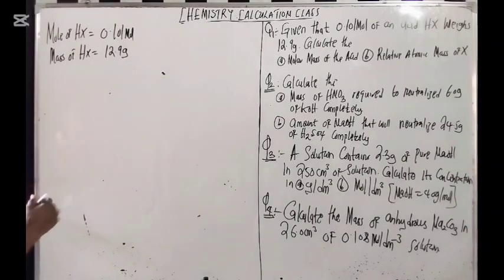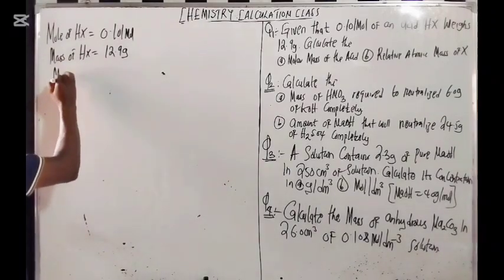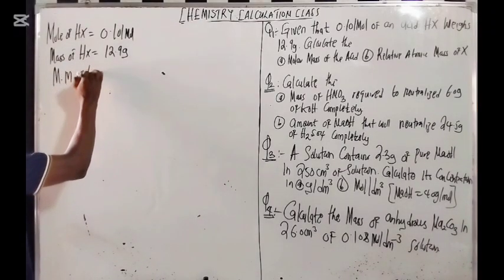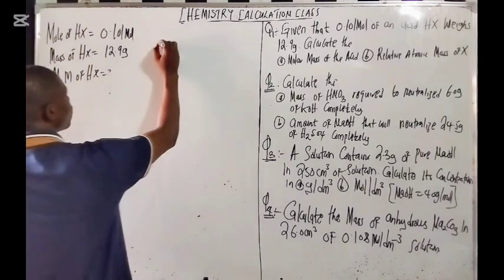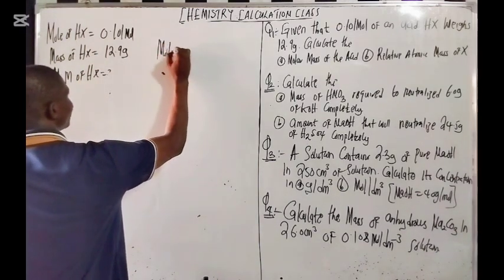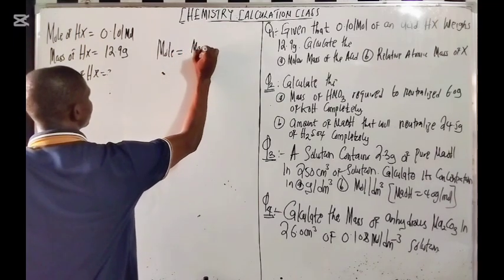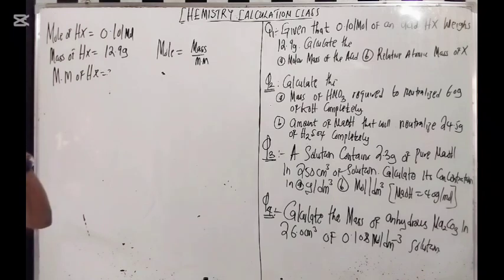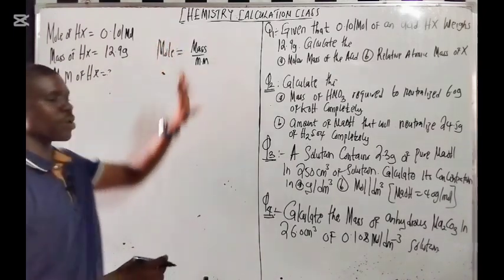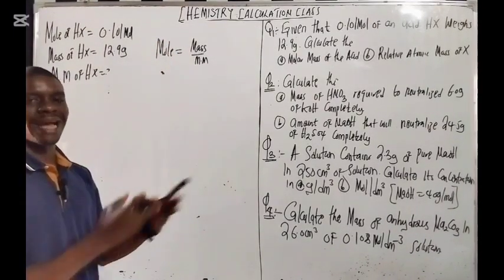So how do you calculate the molar mass of HX? We use the formula mole equals mass over molar mass. This relationship relates the mole, the mass, and the molar mass of a compound or an atom.